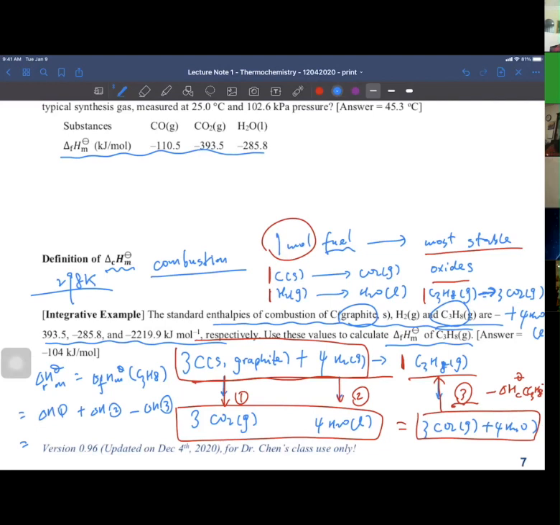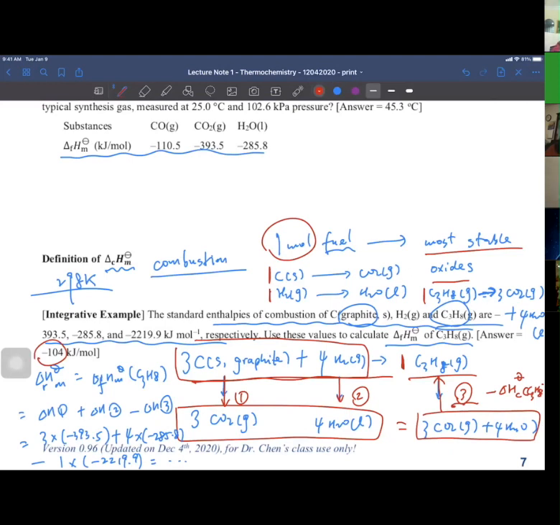So it will be 3 times negative 393.5 plus 4 times negative 285.8 minus 1 times negative 2219.9. So you should get the final result. You guys can check the answer by yourselves.